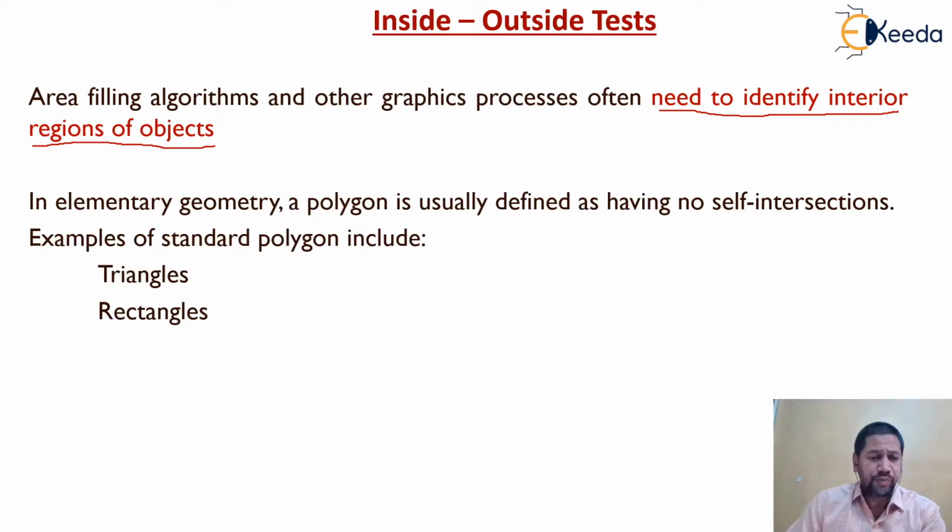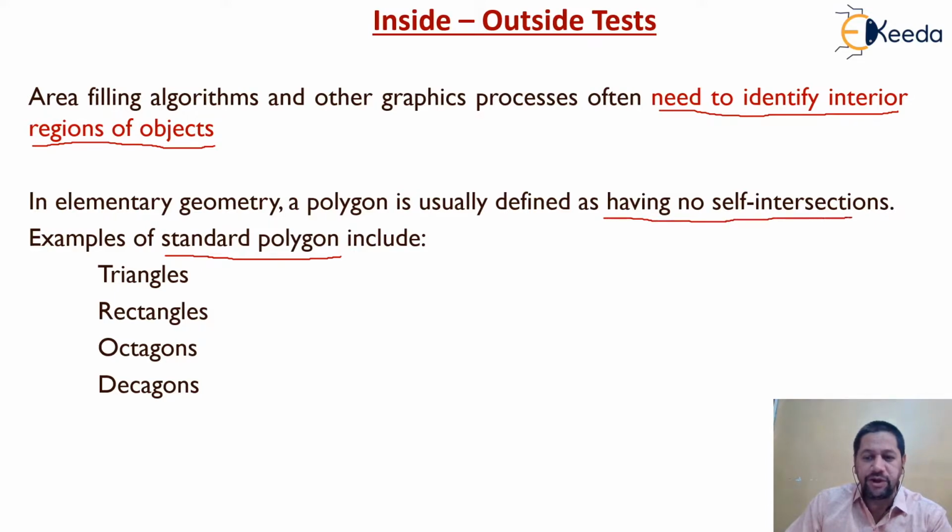Now in elementary geometry, a polygon is usually defined as having no self intersection. So we generally call these the standard polygons, which do not have any self intersection points.